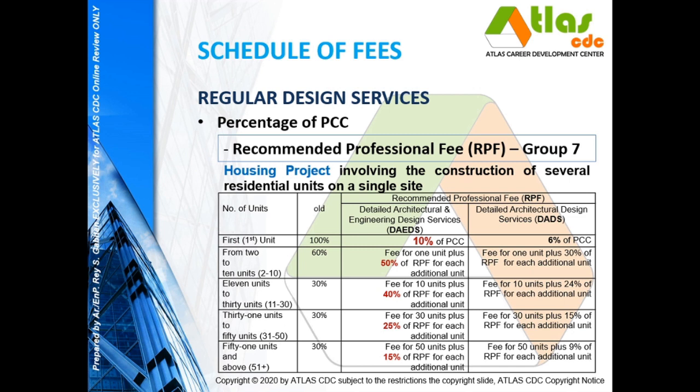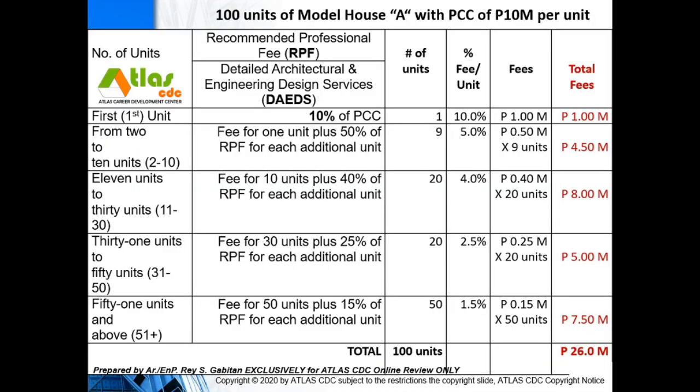So how do you use this method of computation for the fee? Let's have an example. You have 100 units of model house A. You have prepared a house plan for model house A, and the estimated project construction cost is 10 million per unit.